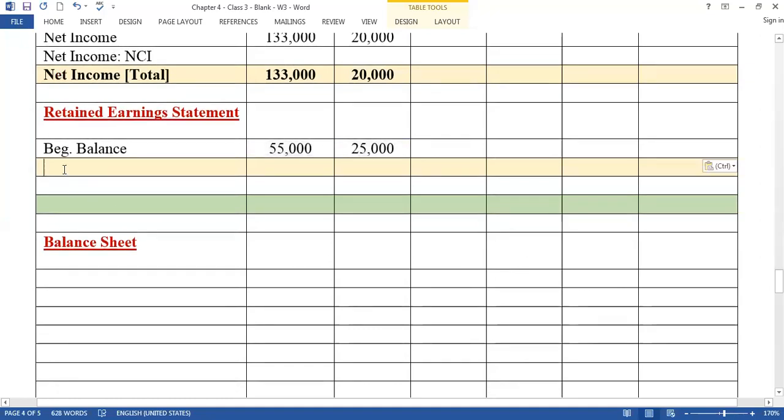And we know the formula: beginning balance, if we have net income then plus net income, if we have net loss then minus net loss. So in this question we have net income, plus net income.